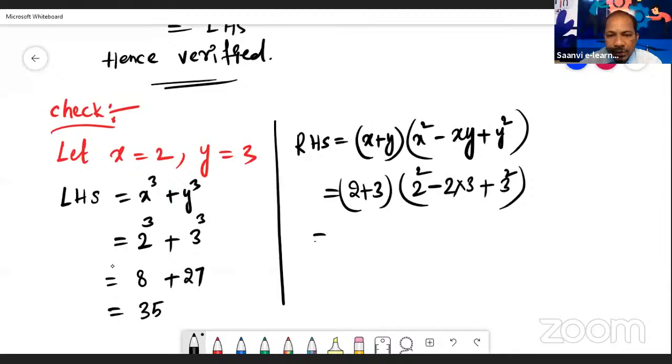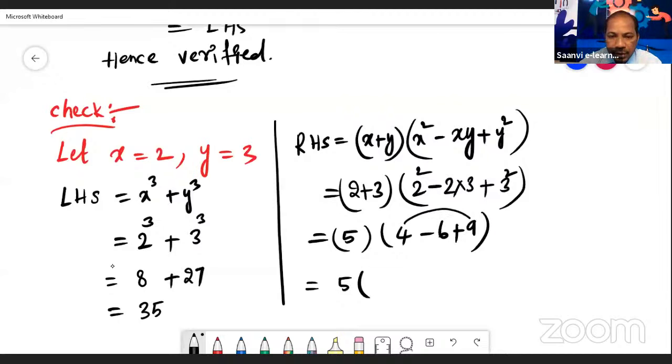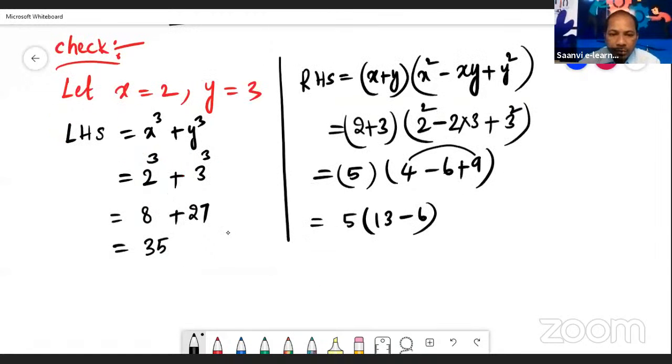So 2 plus 3 is 5, into 2 square is 4, minus 2 into 3 is 6, plus 3 square is 9. Here 4 plus 9 is 13, minus 6 is 7. So 5 into 7, how much? 35. See, the LHS value we have got is 35 and the RHS also we have got 35.